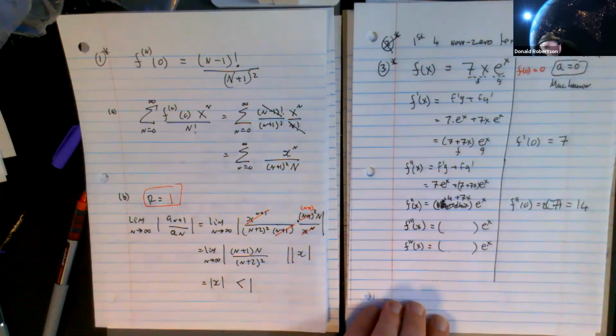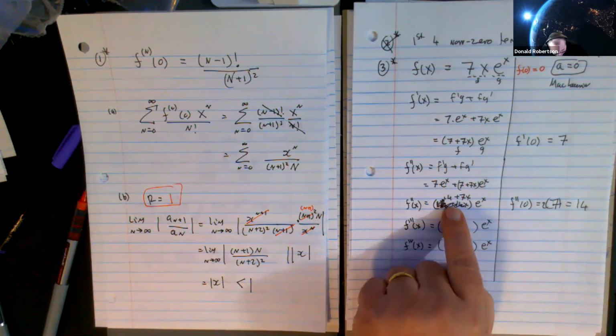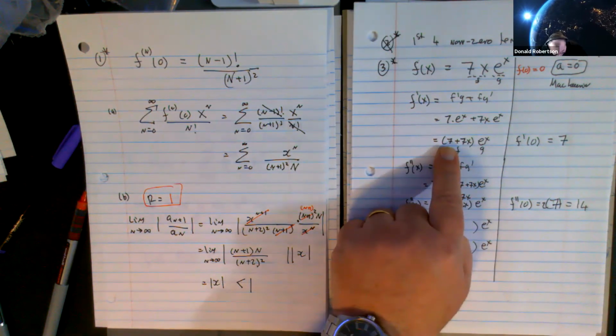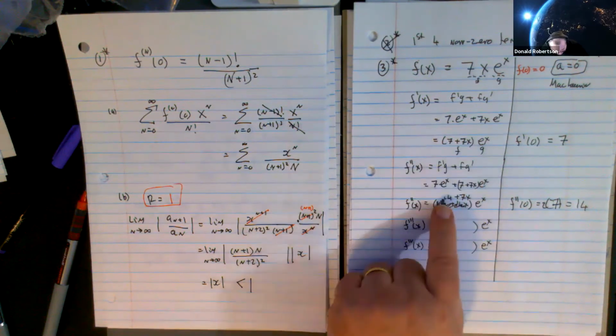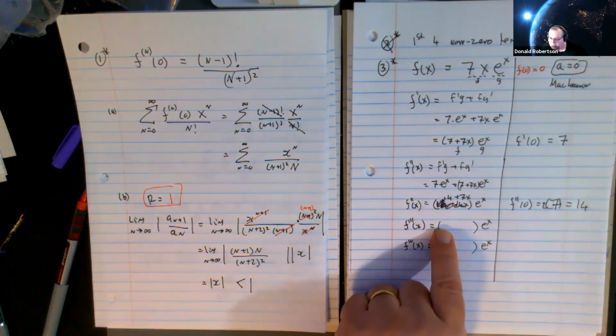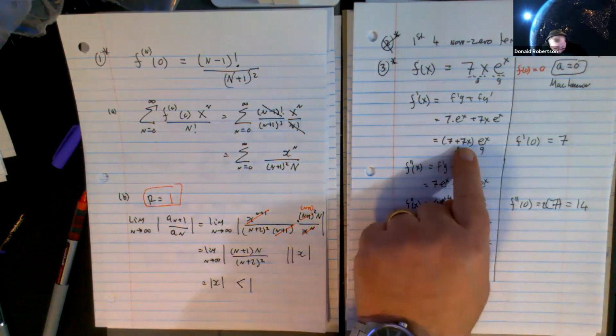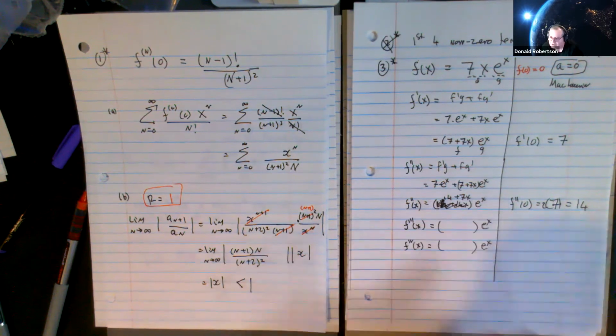I could find the third derivative and then the fourth, but I'm going to see if I can cheat. Looking at patterns: 7 plus 7x, 14 plus 7x.